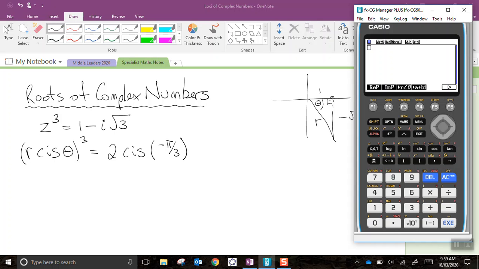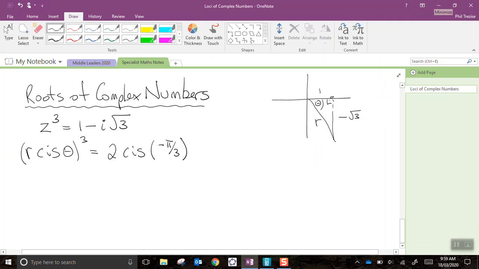So I will input my complex number 1 minus i root 3, and then I'll press this F3 key, which will convert to polar form, r and theta. And there it is, it's 2 cis negative pi over 3, which is just a confirmation of what we had there.